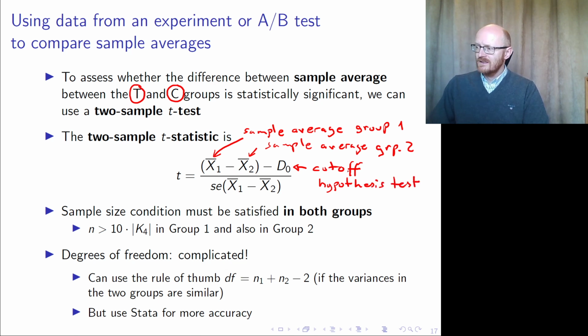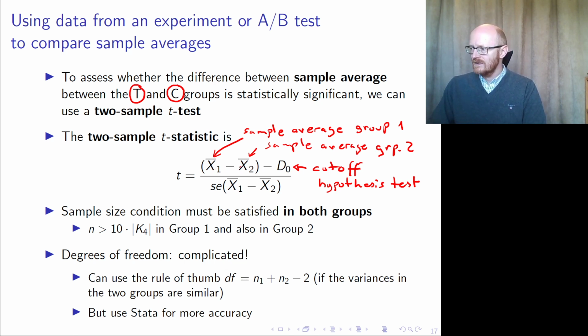And why do you have that cutoff? Well, it means that you want this difference to be greater than this cutoff. Often this cutoff is set to 0, and then you just test: is this difference greater than 0?